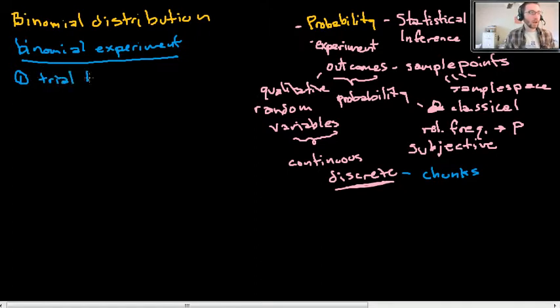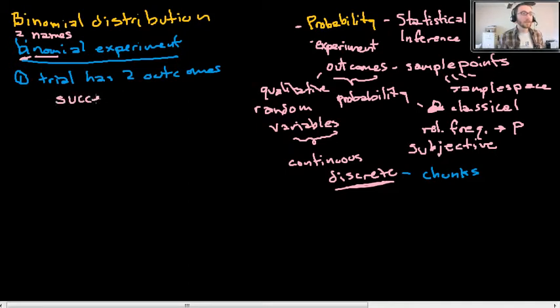And a trial has two outcomes. Hence binomial, right? If we want to understand this intuitively, bi, like bicycle, means two, and nom means names or classes or groups, like nominal variables or nomenclature, or if you nominate somebody for something, you name them to that position. So nom means name. So two names. A trial has two outcomes. The names we give these are success and failure.